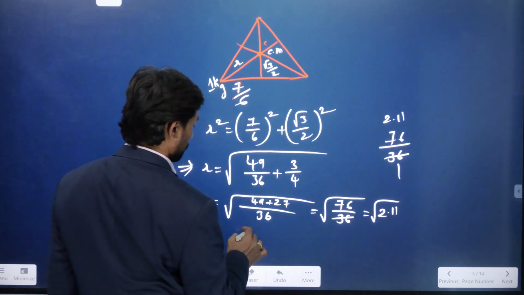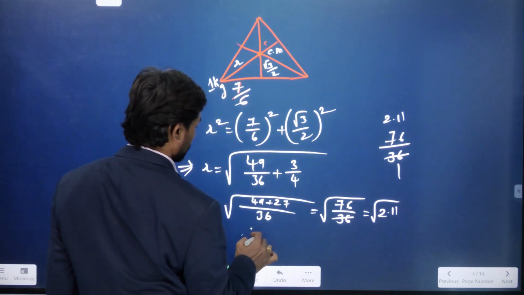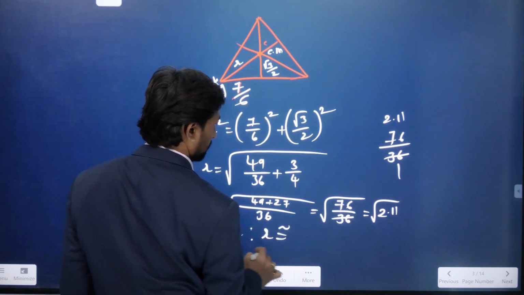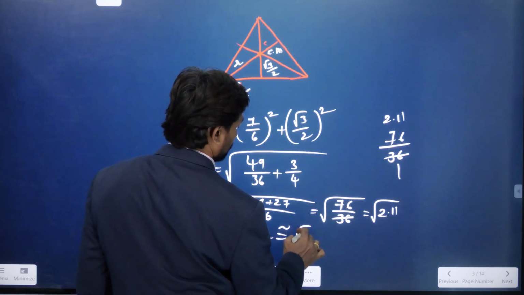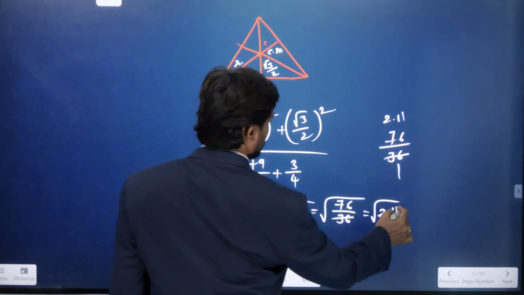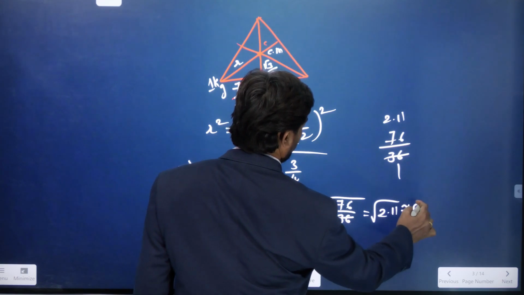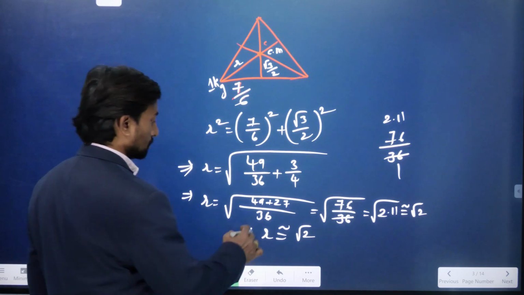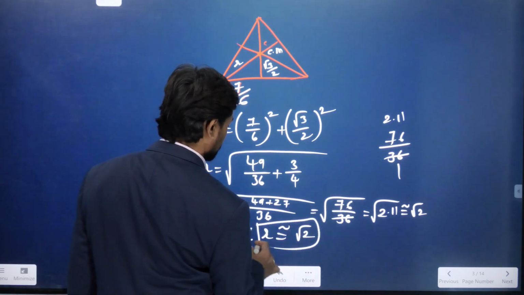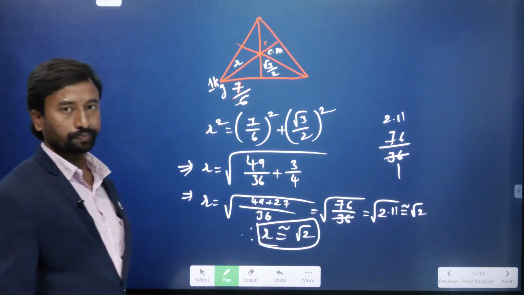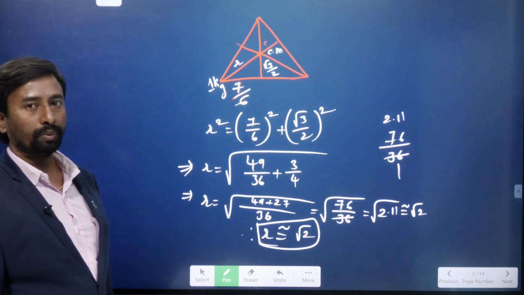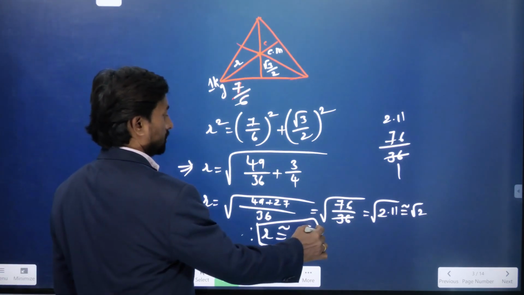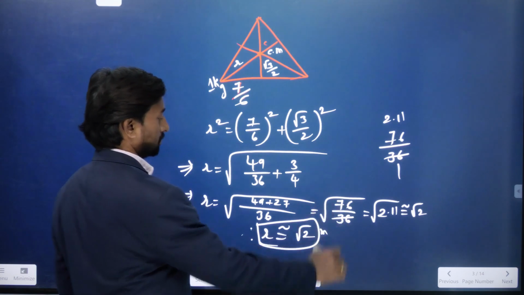Therefore, this R will be approximately equal to root 2. We can make it as root 2. So what is the answer then? The answer is root 2 meters.